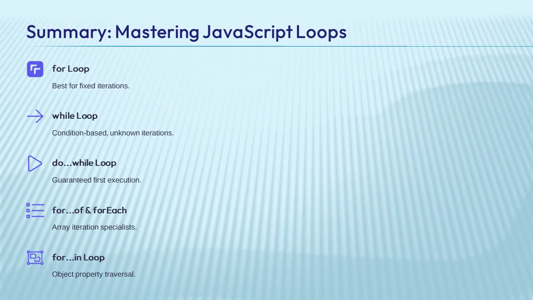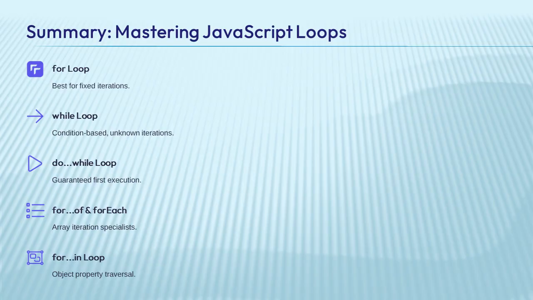So here we are at the end. After mastering the JavaScript loops, we will quickly recap. For loop, best for fixed iteration. Use for when you know how many times to run. Second one is while loop, condition-based or unknown iterations.